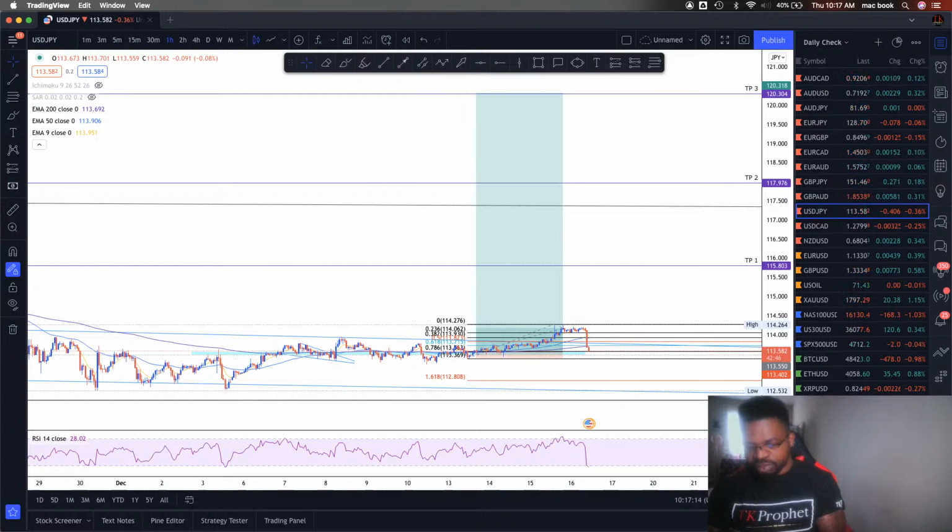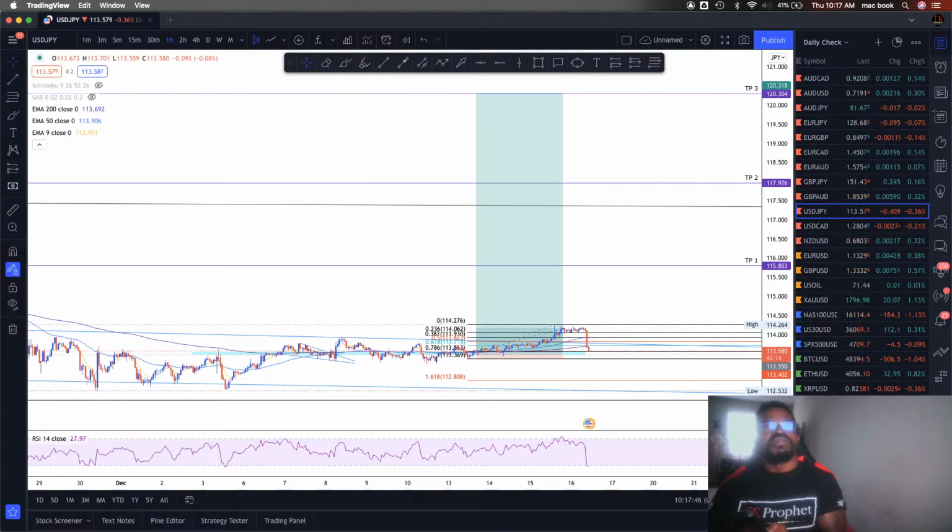Yes, USD JPY order is a buy. TP2. Okay, so looks like GA is pulling back on us against this.